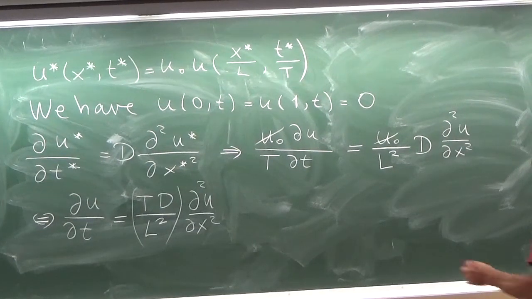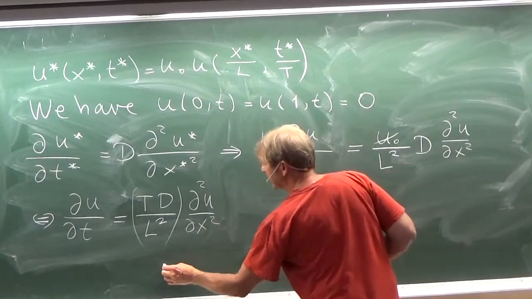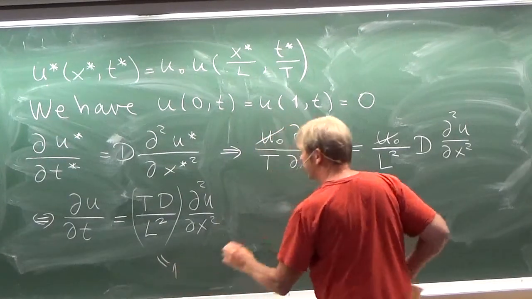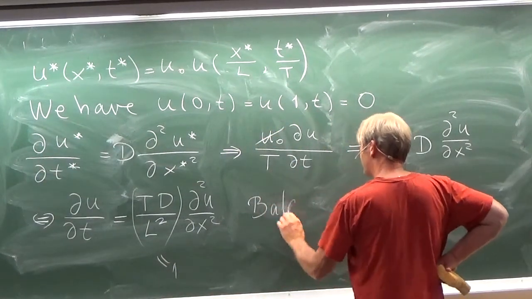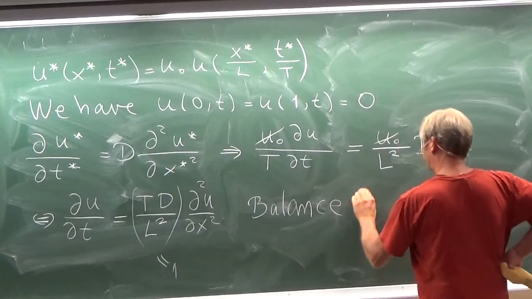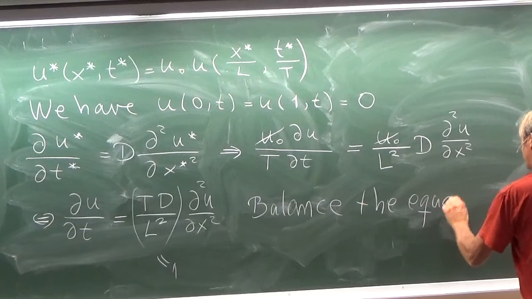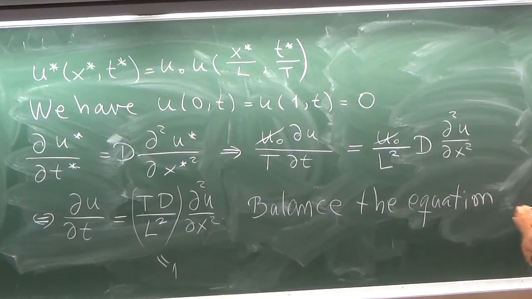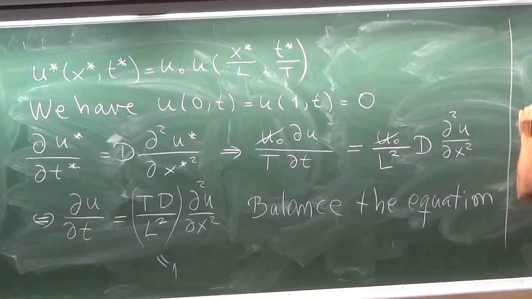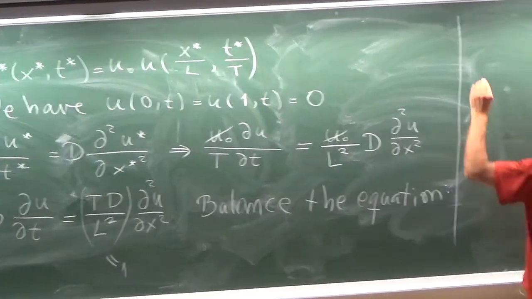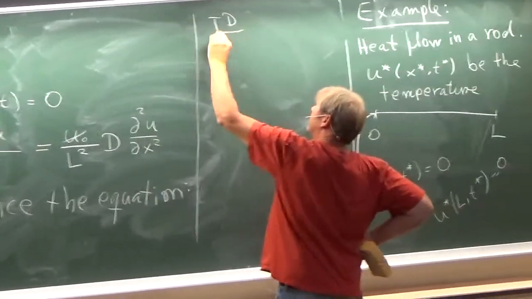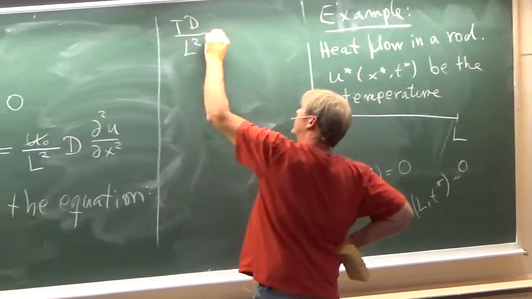Balancing the equation means putting this equal to 1, so T D over L squared equal to 1.